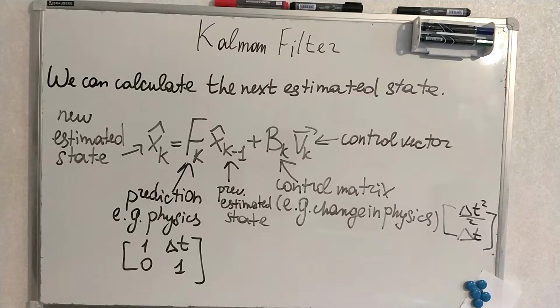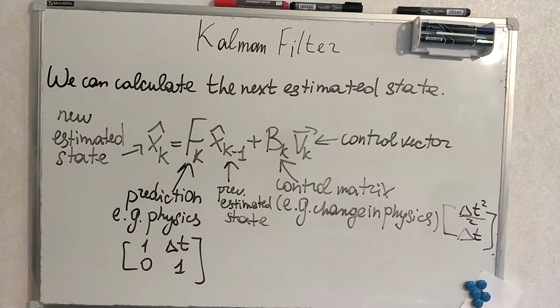For example, we are a train driver and we are trying to calculate our next position. To do that, we know that there is some physics behind, and we can affect the movement of our train by, for example, moving the lever and making a higher speed for the train.